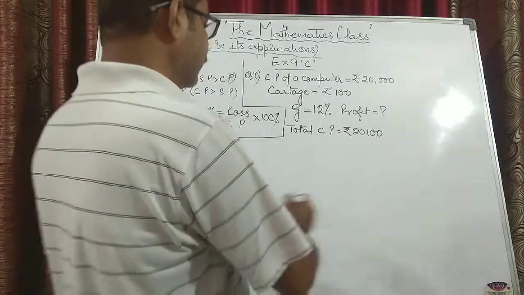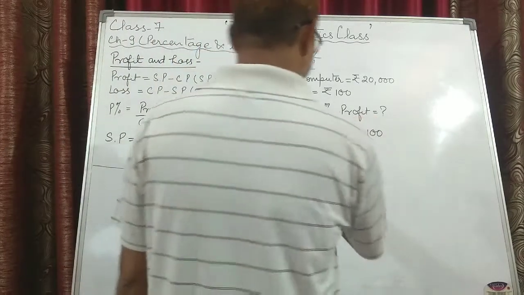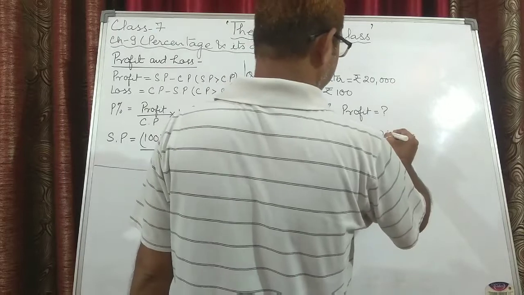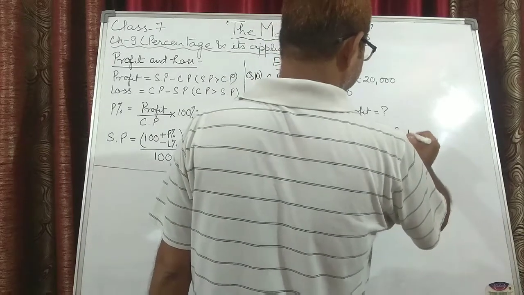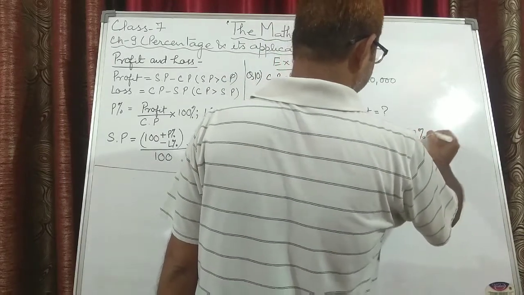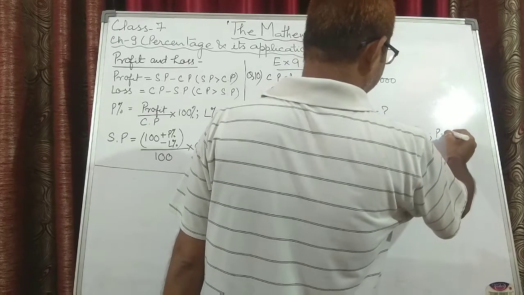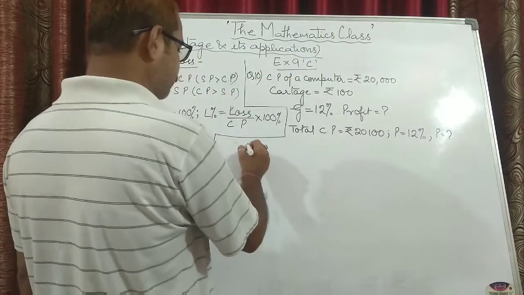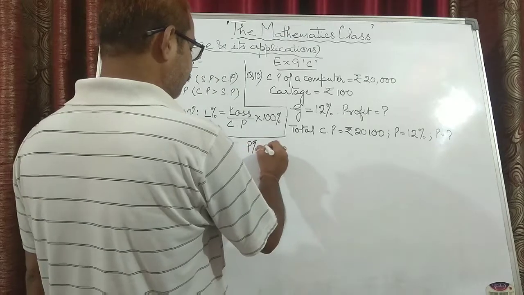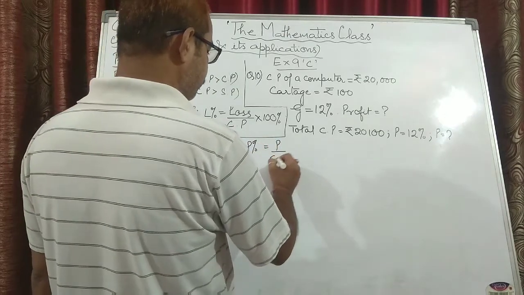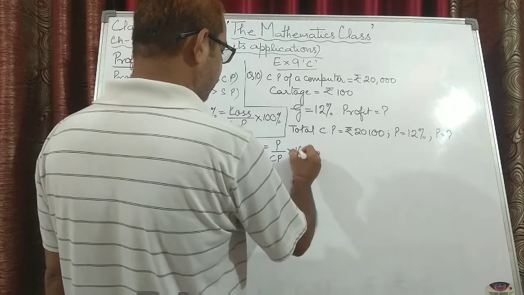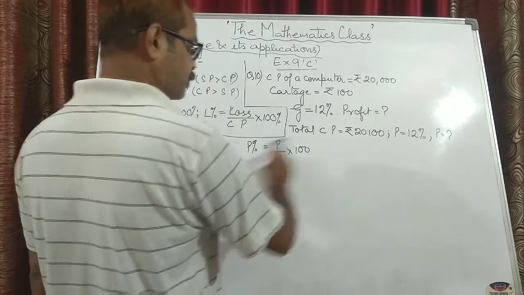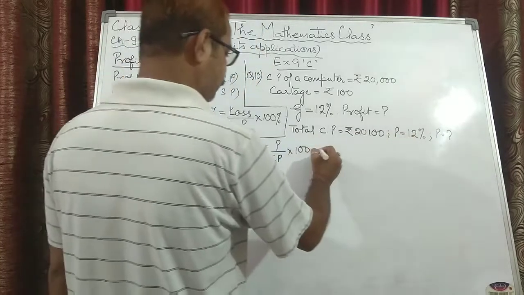Now they say he is selling it at a profit of 12%. You need to calculate the profit in rupees. We know that profit percent is equal to profit upon CP into 100. Now what is given? Profit percent is given as 12%.